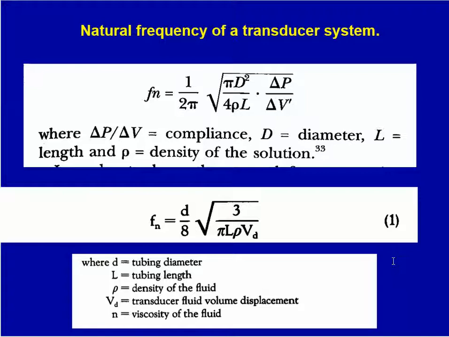This is the formula for the natural frequency of the transducer system and points out those factors that influence the natural frequency, including the diameter of the tubing, the length of the tubing, the density of the fluid, and the viscosity of the fluid.